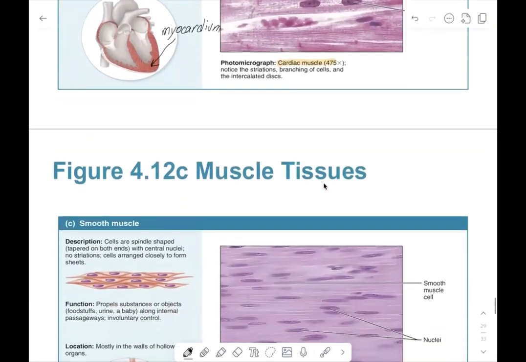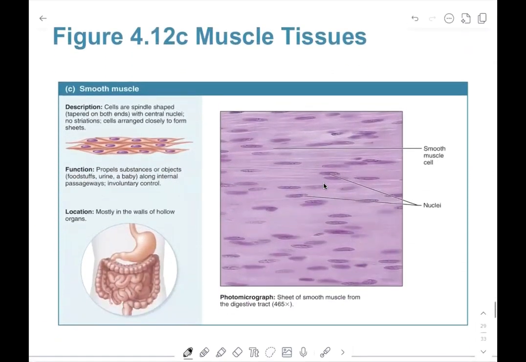The last type of muscle that we have in our body is called smooth muscle. And smooth muscle cells are spindle shaped. They're tapered on both ends with a centrally located nucleus. So it's almost like they're fatter in the middle and they taper at the sides. This is the only one that's non-striated, and it forms sheets.